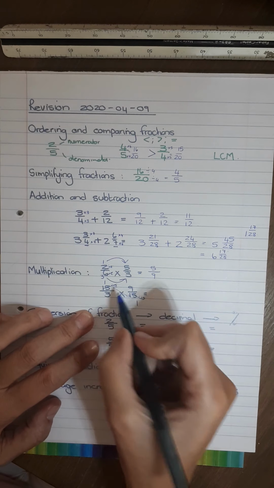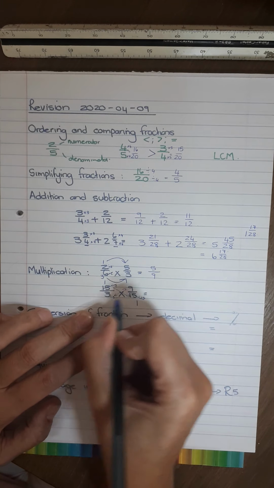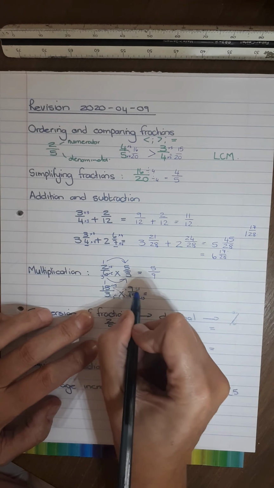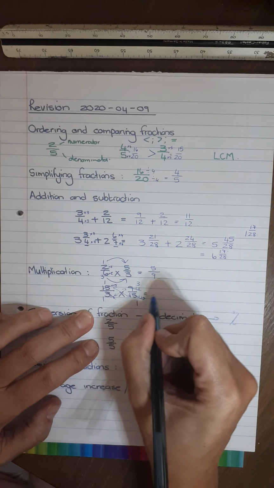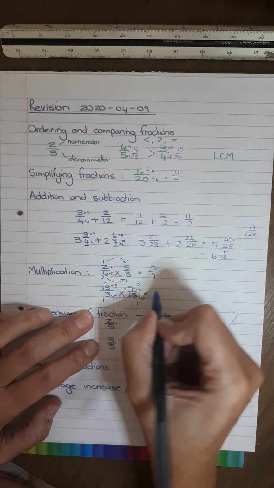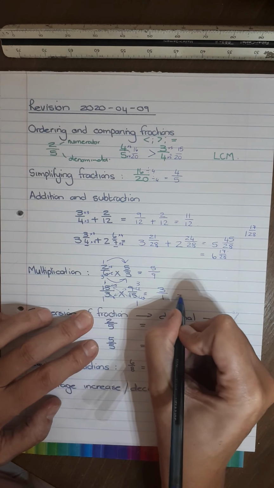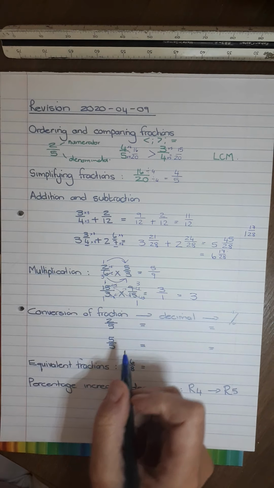I see I can simplify like this too. 3 divided by 3, 9 divided by 3. What I do at the top, I have to do at the bottom. 9 divided by 3, 3. 3 divided by 3, 1. Now I've got to multiply. 1 times 3 gives me 3. 1 times 1 gives me 1. 3 over 1, 3 divided by 1, gives me an answer of 3.